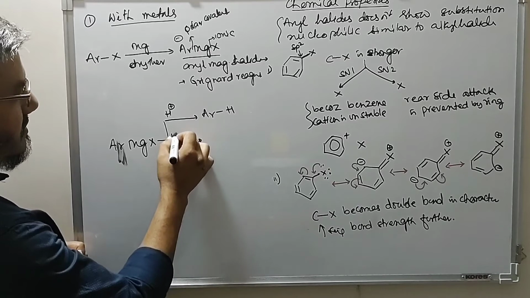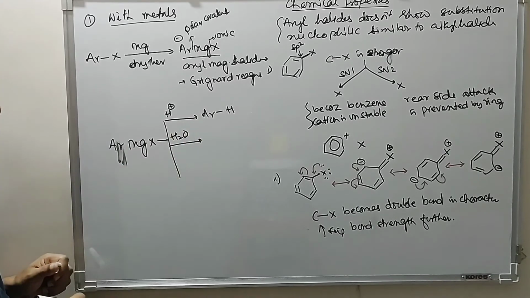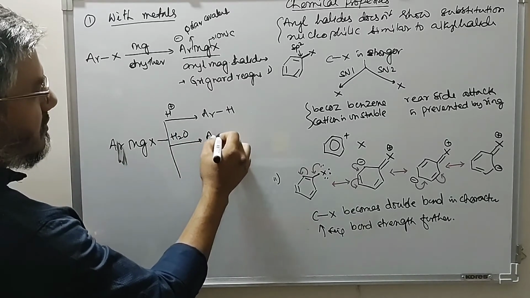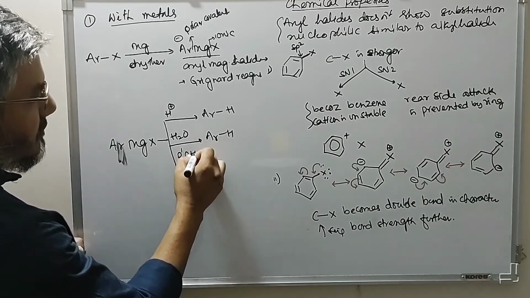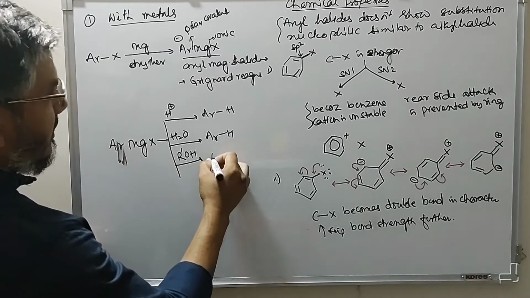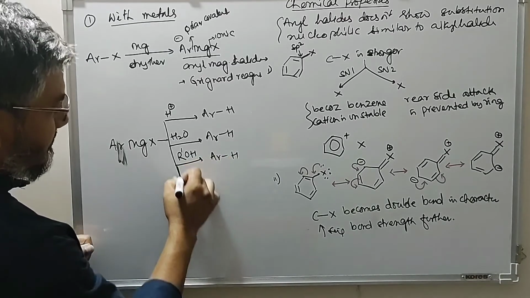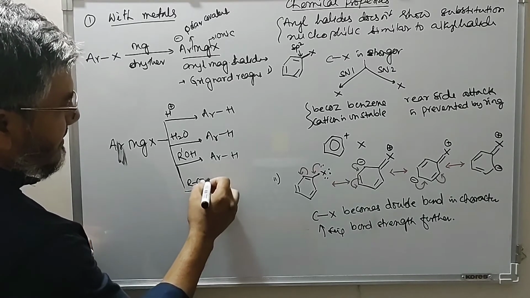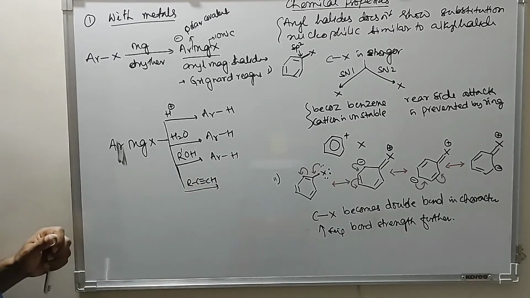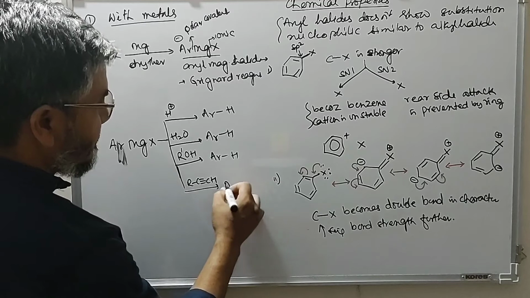So look at this. When this comes in contact with water, this gives you benzene. When this comes in contact with alcohol, again this forms benzene. When this comes in contact with acetylenic hydrogen, which is also acidic in nature, this again gives you benzene.